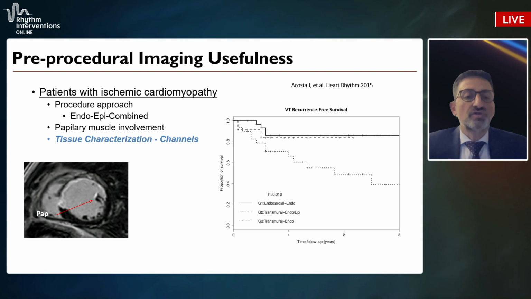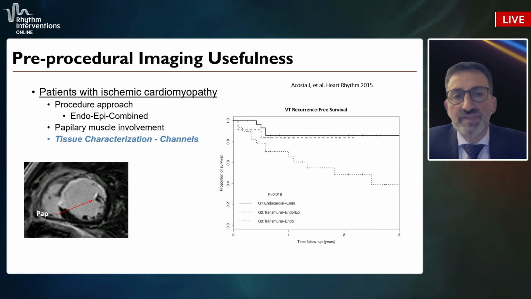So it is not only important for non-ischemic cardiomyopathy, but knowing the distribution of fibrotic tissue along the left ventricular wall is also important for patients with ischemic cardiomyopathy and with a myocardial infarction.